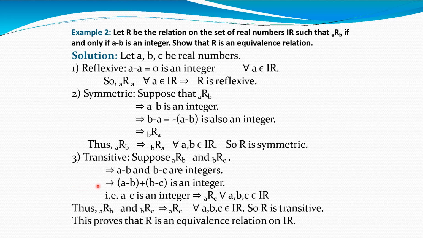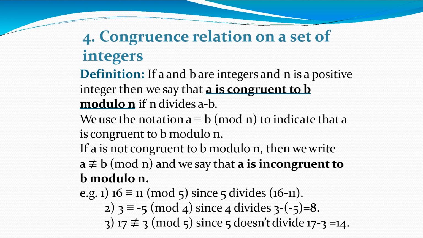Means (a minus b) plus (b minus c) is an integer. So, a minus c is an integer. That means again by using definition of relation, a related to c. So a related to b and b related to c implies a related to c for all a, b, c in R. Hence, the relation is transitive. Thus, relation is reflexive, symmetric and transitive. Hence, it is an equivalence relation on R.